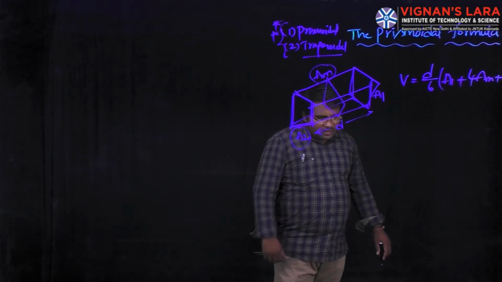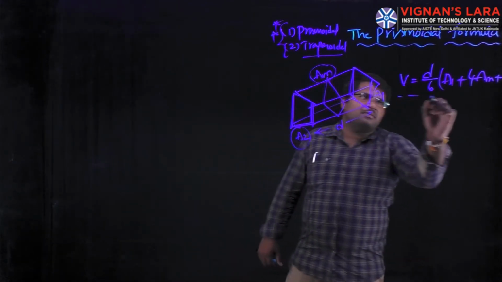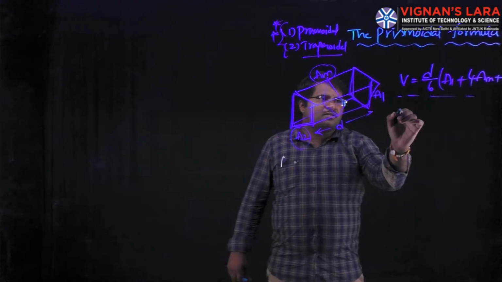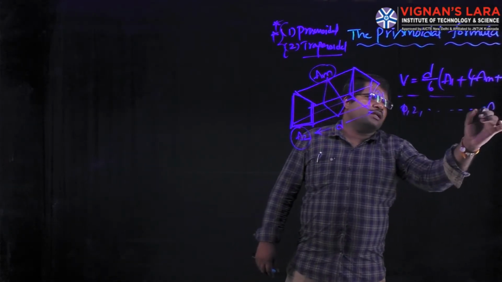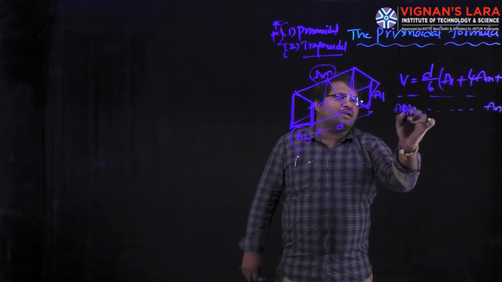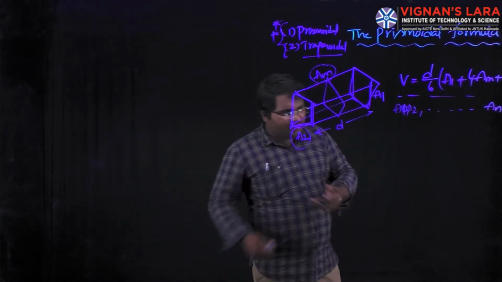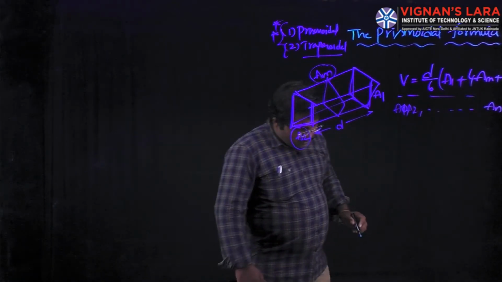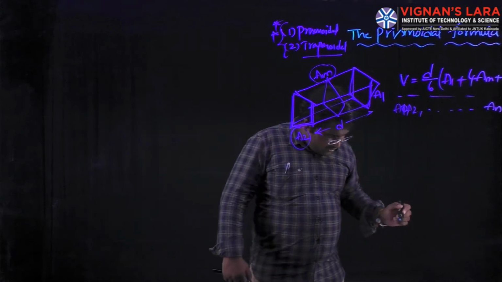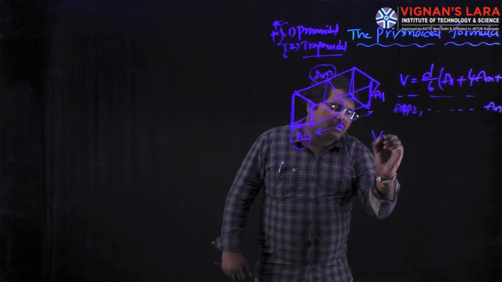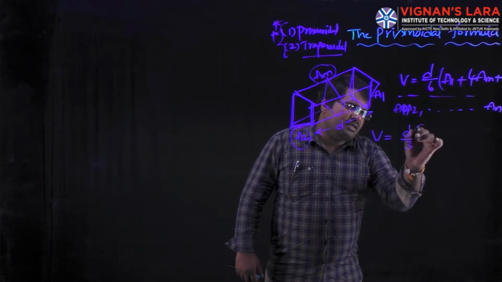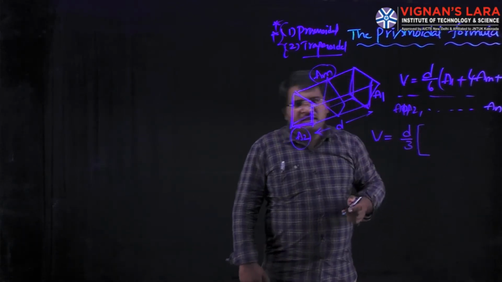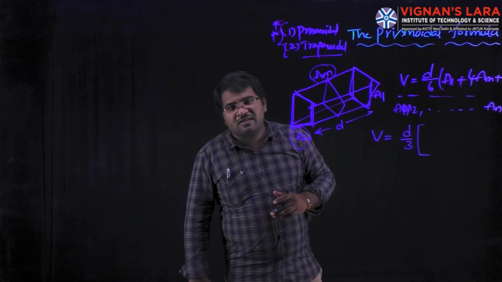Now we have some n number of prismoids, with areas A1, A2, A3 and so on up to An. For such a number of prismoids, the final formula is V = d/3. Please remember d/3, which is already the Simpson's formula for the calculation of areas.